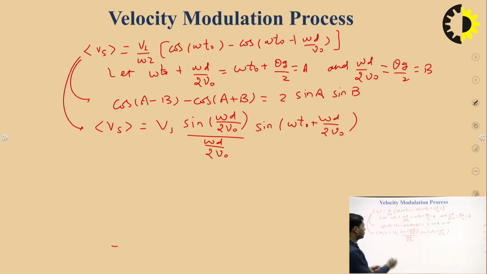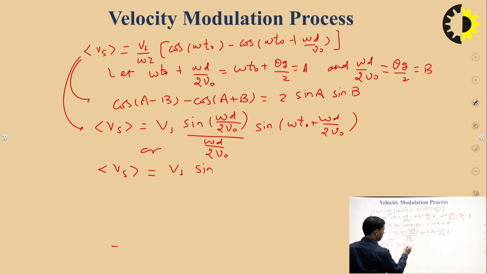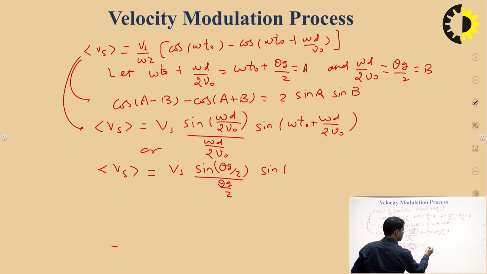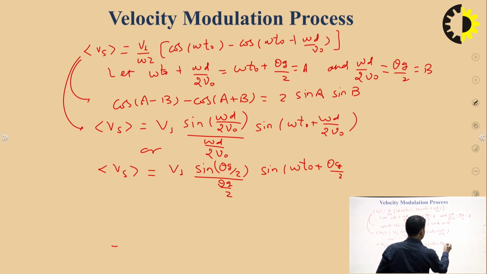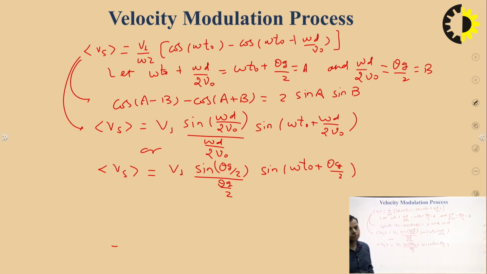Or in terms of theta g, we can also write it as Vs equals V1 sin(theta g by 2) divided by (theta g by 2) into sin(omega t naught plus theta g by 2). So, this voltage comes out in this form.